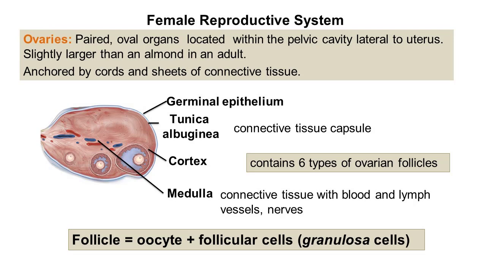Here, follicle equals oocyte plus the cells of the follicle, some call them granulosa cells, and together that package makes up your ovarian follicle. There are a lot of them that aren't illustrated in here, but we're going to talk about all the different kinds of follicles.